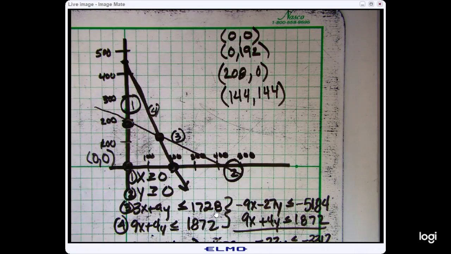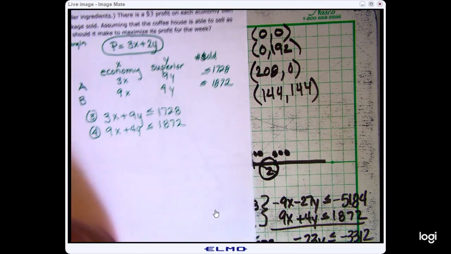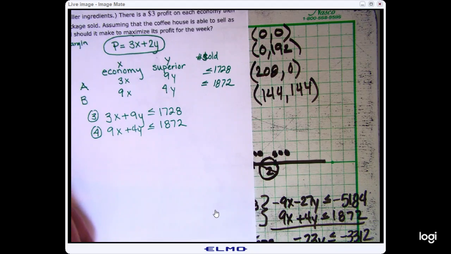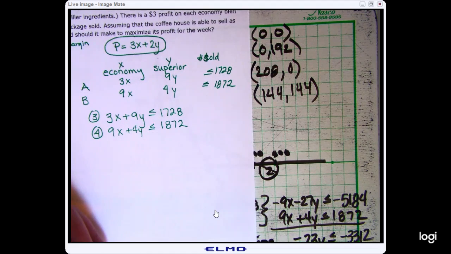Now you can't do this visually. It looks like you're like, okay, that is the highest point and I'm trying to maximize profit, so that's obviously got to be my answer, and it's not as easy as that. So I'm going to transfer back over to where we started. I'm going to write down the 4 points that I have: 0, 0; 0, 192; 208, 0; and 144, 144.